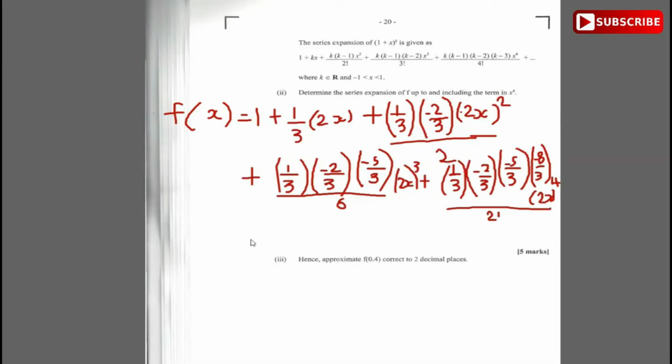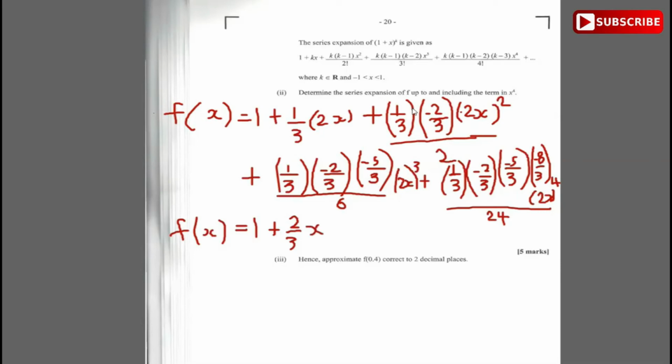So let's go ahead and simplify this. I know it doesn't look pretty, but it will simplify. So f of x is actually equal to 1. Now 1 over 3 times 2x is just plus 2 over 3 x. So all we need to do is simplify this side now.